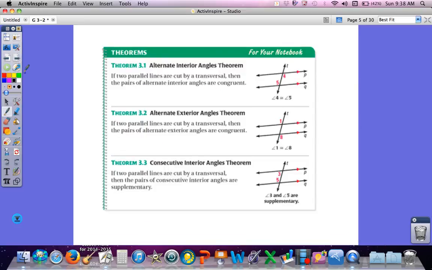Okay, there's also other theorems. There's an alternate interior angle and an alternate exterior angle theorem that says that when those angles are created by two parallel lines cut by a transversal, and you notice the parallel line markings here, then they're going to be congruent. Okay?